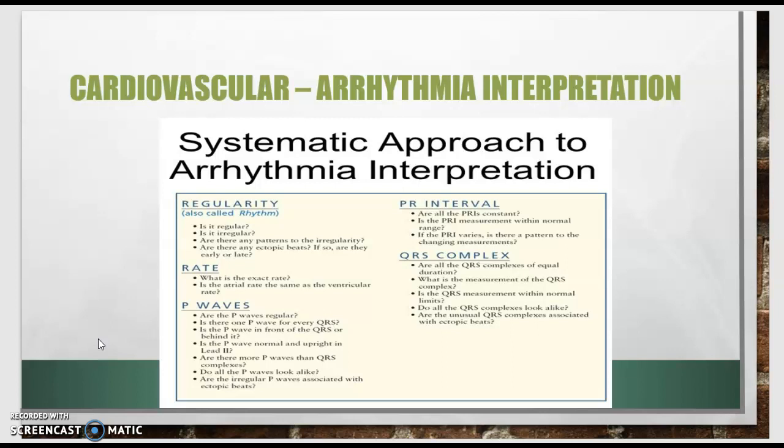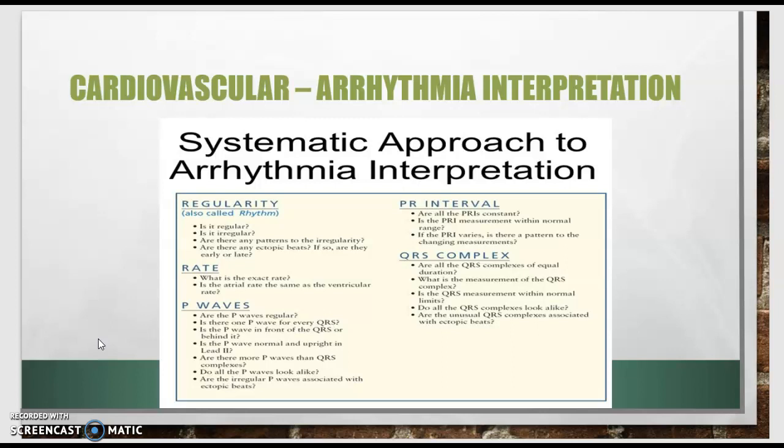Next, you want to look at your rate. And when going through this, there is a video on rn.com that talks about measuring the heart rate. But in general, just a very simple rule of thumb, it will get you a close, maybe not exactly accurate, but it'll get you a close reading, is when you have a strip, you should assume it's a 6-second strip unless otherwise told to you.